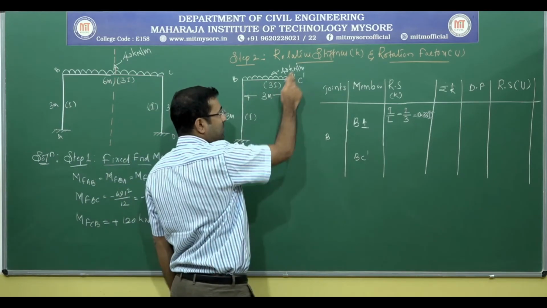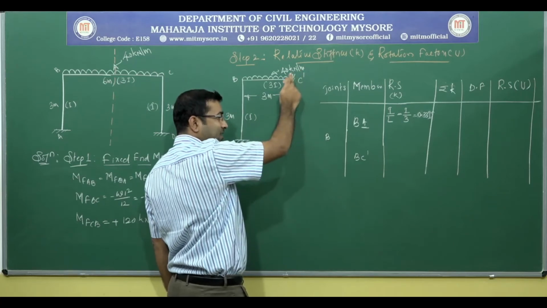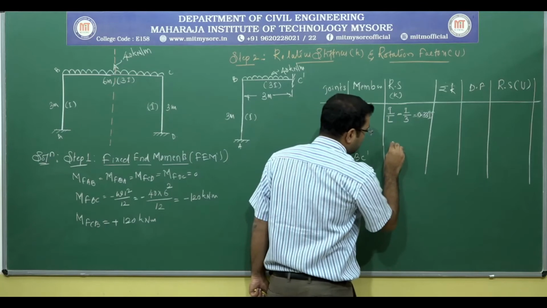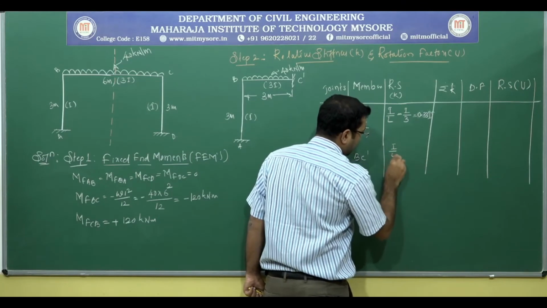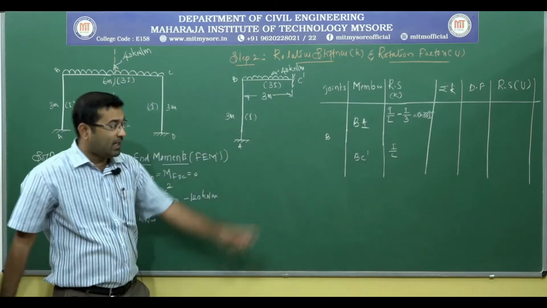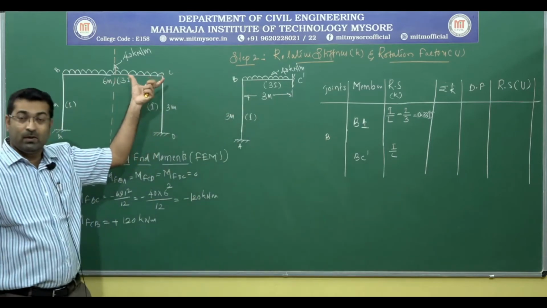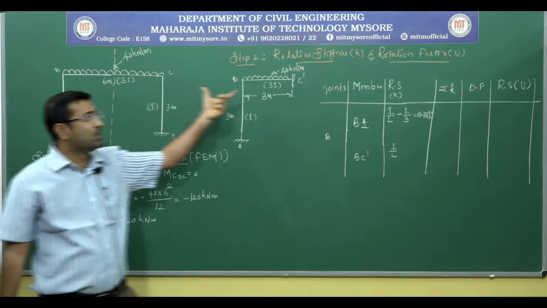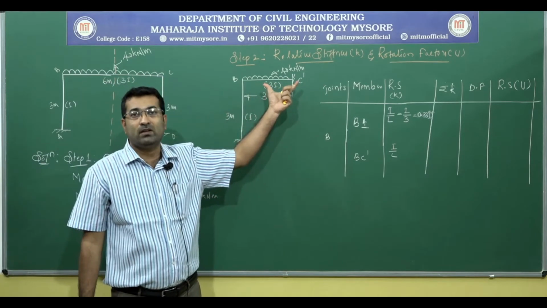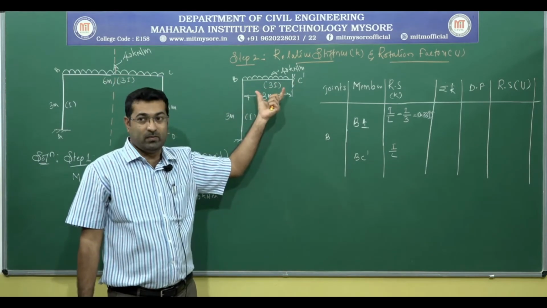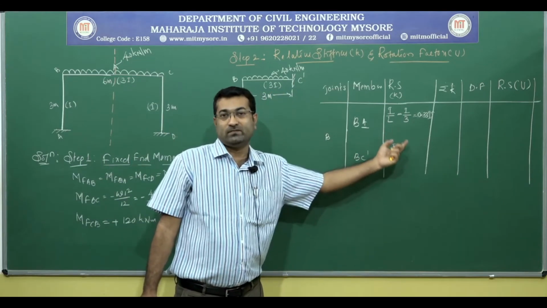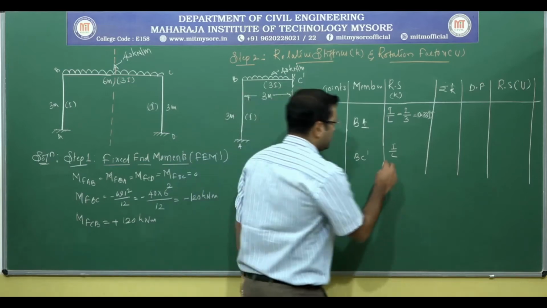For BC dash I need to look at the C dash condition. C dash is fixed in nature, so this also is I by L. But I by L is for the complete member, and here we are considering only half the member, so this has to be 50%.